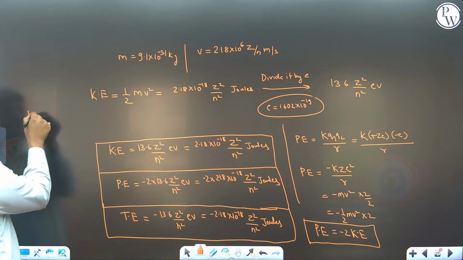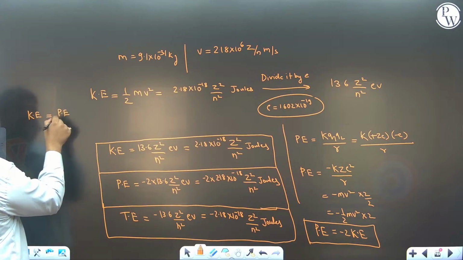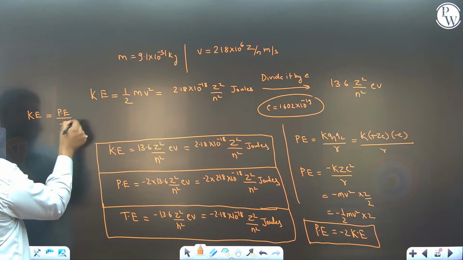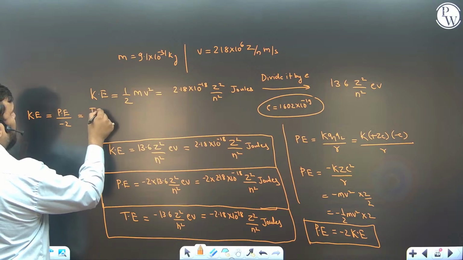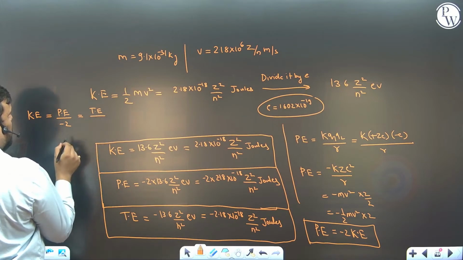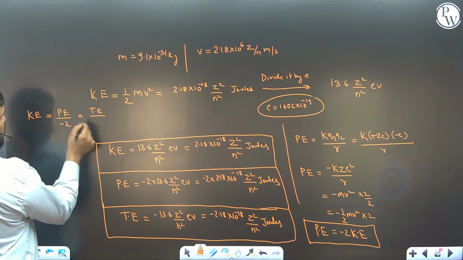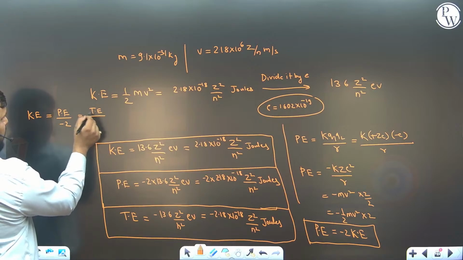Kinetic energy is equal to potential energy upon minus 2, is equal to minus total energy. I am having only the minus sign over here.